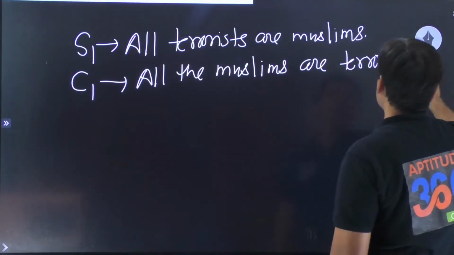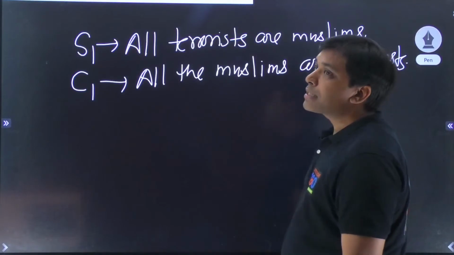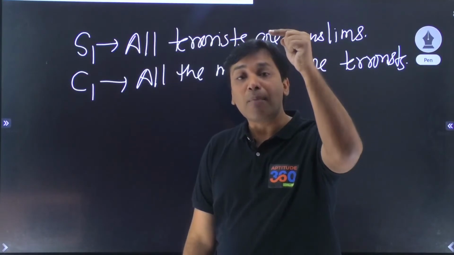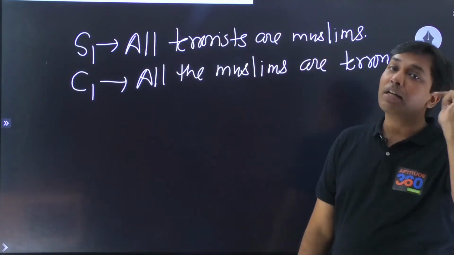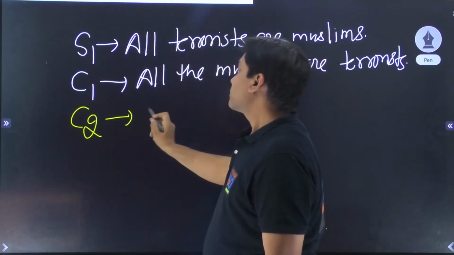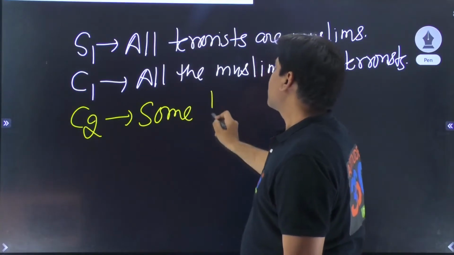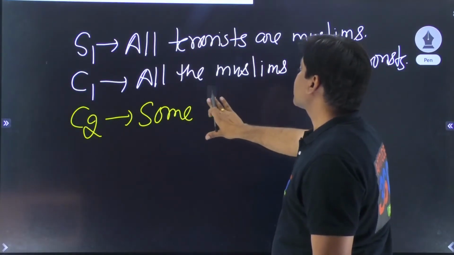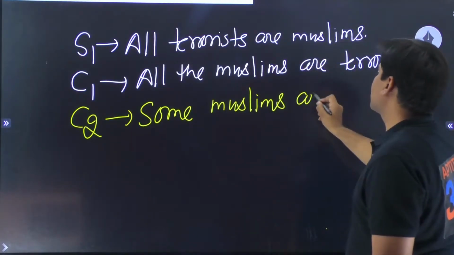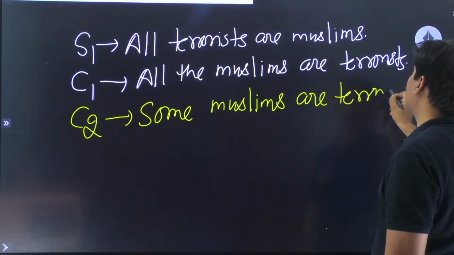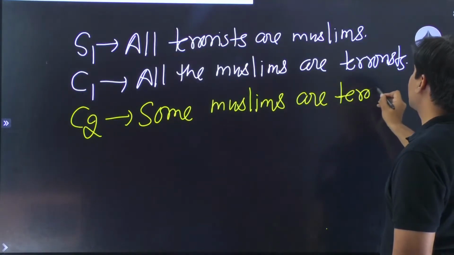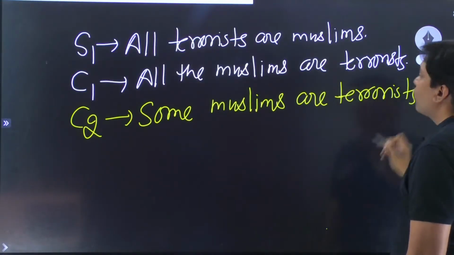That is what is the portrayal nowadays. अगर सारे के सारे टेररिस्ट मुस्लिम्स हैं तो सारे के सारे मुस्लिम्स टेररिस्ट हैं. क्या आप ये स्टेटमेंट देख के ये कंक्लूजन ड्रॉ कर सकते हो? What is the conclusion, people?